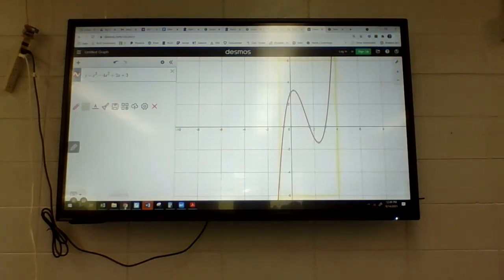So essentially what I have highlighted there in the yellow is what they want us to look at.